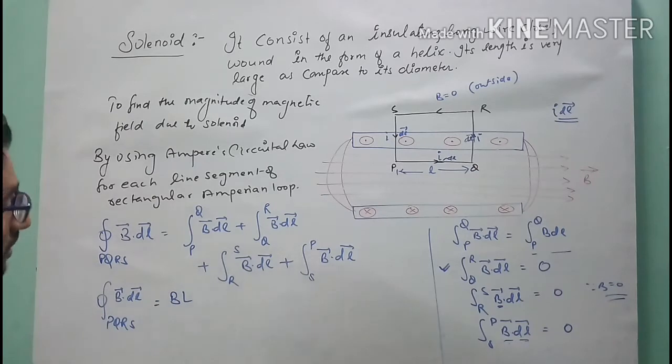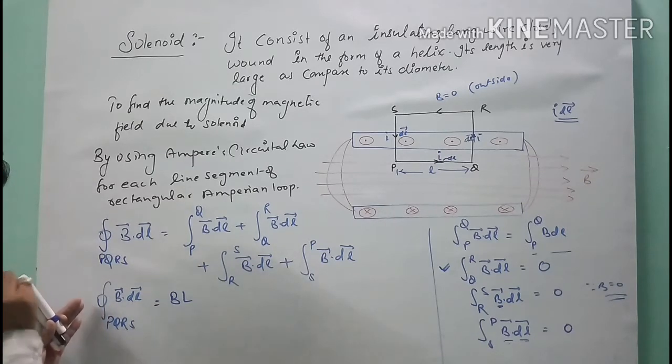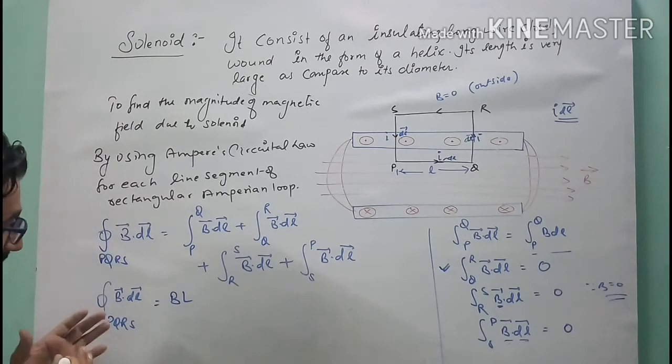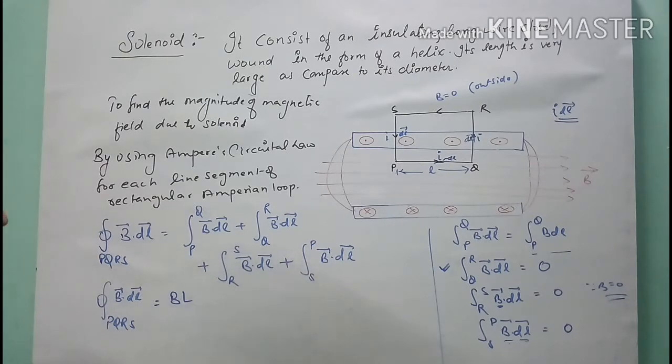Now dear student, if we use here now the Ampere circuital law, we know that the closed line integral of magnetic field is equal to mu naught times the total current enclosed by this loop.